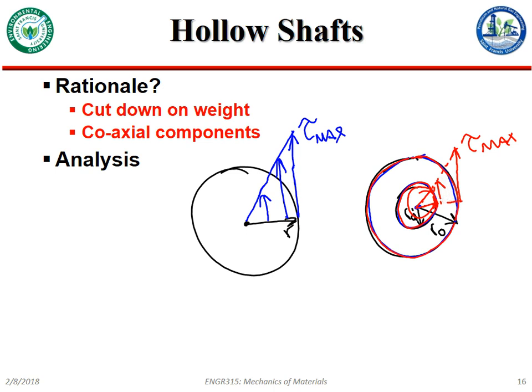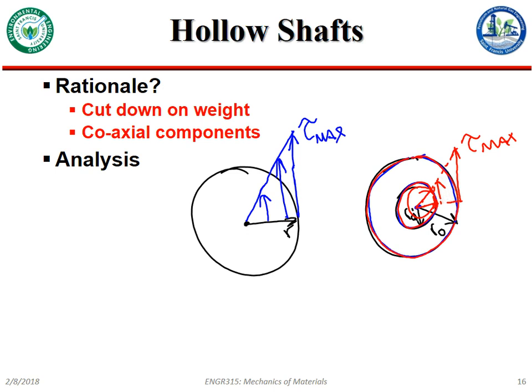Makes sense. It's the same thing as in bars and beams resisting forces. You have a certain amount of area. You can resist more stress, more torque. Here we simply have less.